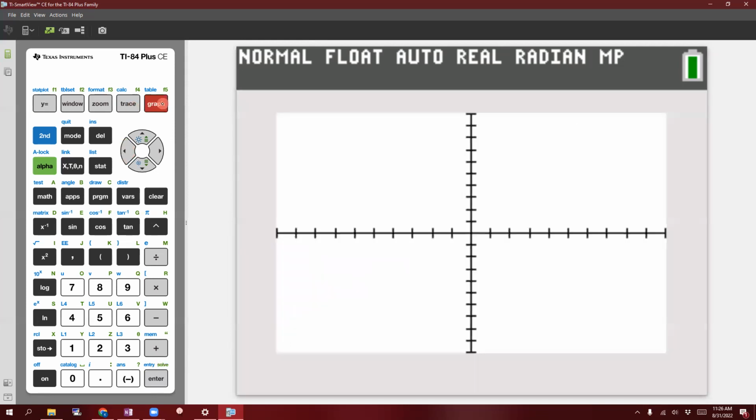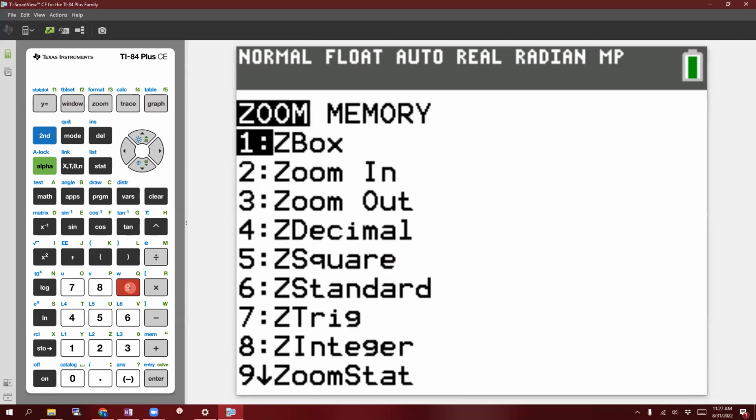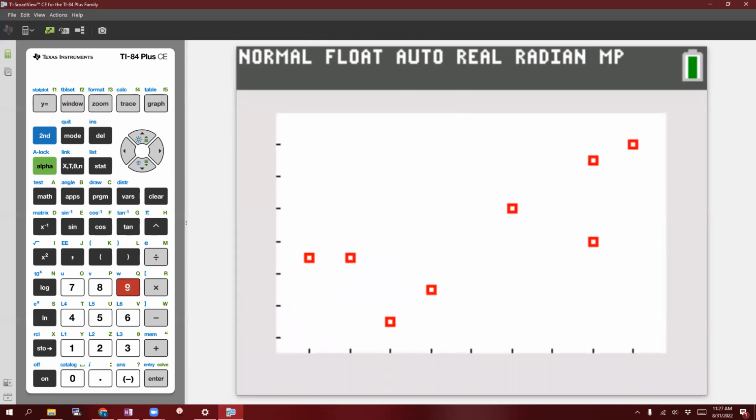Forgot I had a graph there. So if I go, I don't have a graph. All I have is those 2 lists, and I set this up. You don't see anything because the window isn't correct. But if I go to Zoom and hit number 9, Zoom Stat, that is my scatter plot.